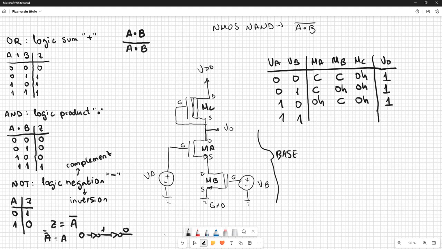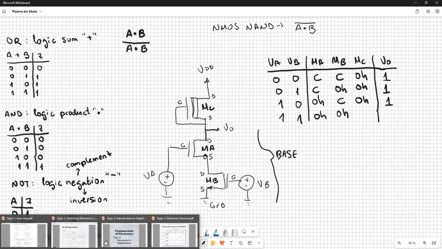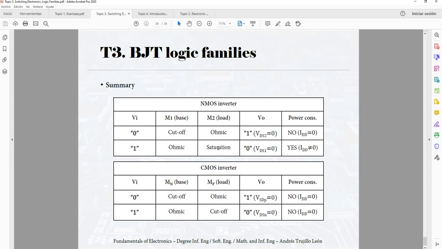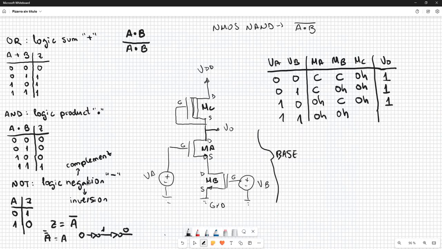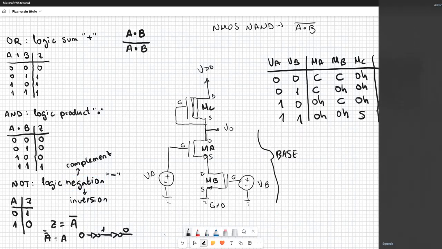And in the last case, both transistors in the base are in ohmic. So if both transistors are in ohmic, the base is in ohmic, and the load is in saturation. When the load is in saturation, this voltage is going to be 0, so the output is going to be 0.